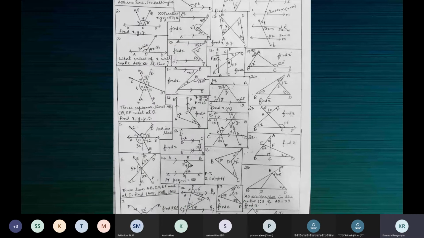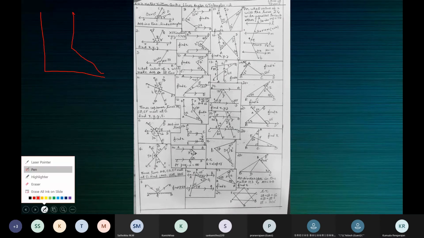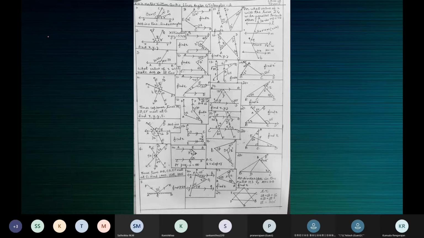So for the same one, if this is 100 and A is 100, and B, where is B?